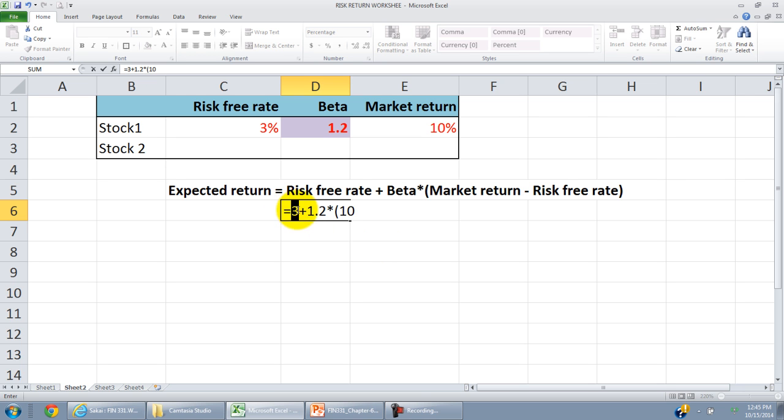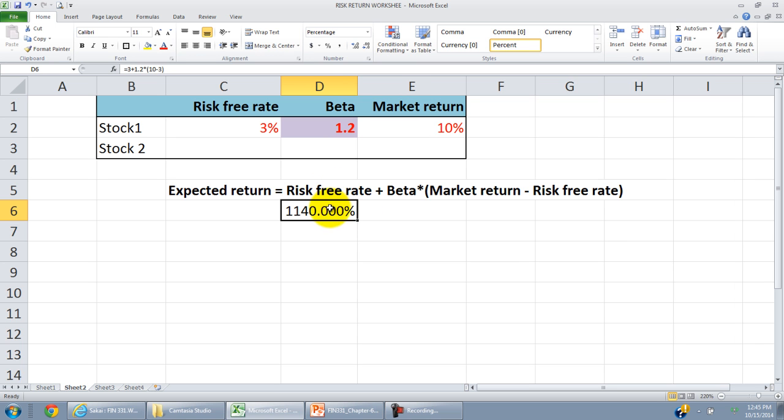Again, if you put here 3, you must keep here 10. Okay, and then minus of course 3. And therefore the rate of return you expect from the stock 1 is 11.4%.